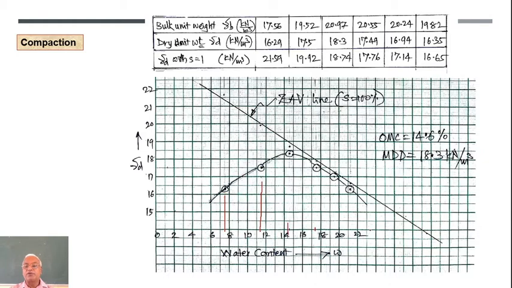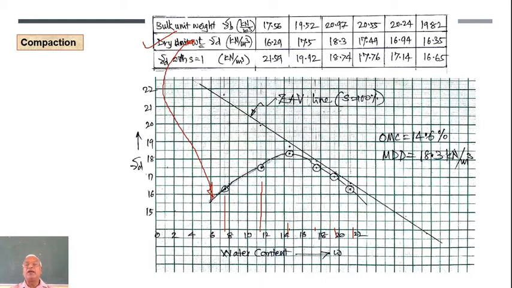For those water content values, if I take the first row, that is the dry density row, 16.29, 17.5, 18.3, 17.49, 16.94, 16.35, so that is the curve. So with these values of gamma D, I'll get this curve.